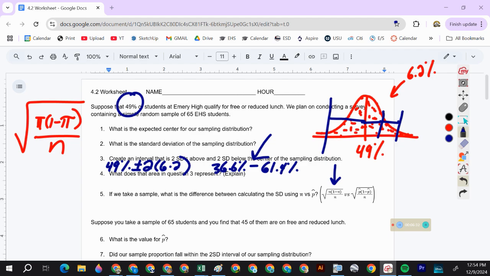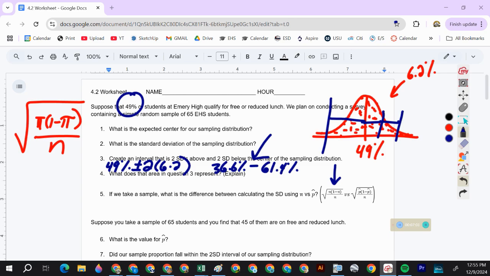I went down to the office and I said, what proportion of our students are on free and reduced lunch? And actually I just made the number up because I was too lazy to go ask. It might actually be higher than 49%. Okay? Is there any error in that data? No, because we asked every kid, right? The office knows if every kid is on or not on free or reduced lunch.